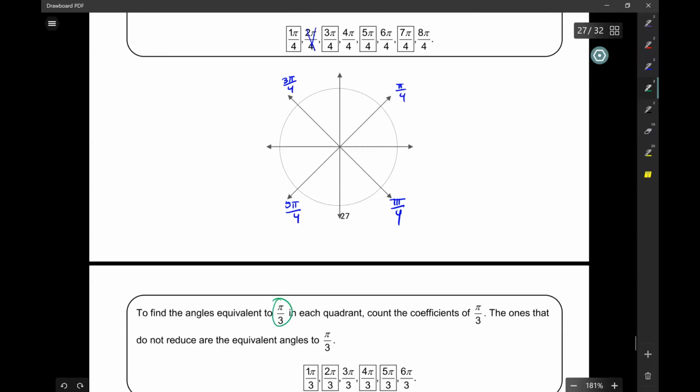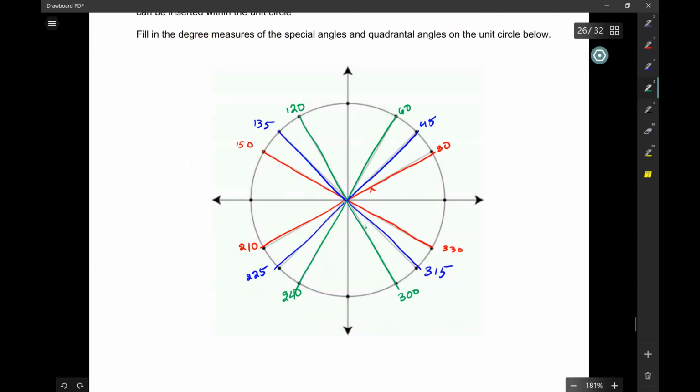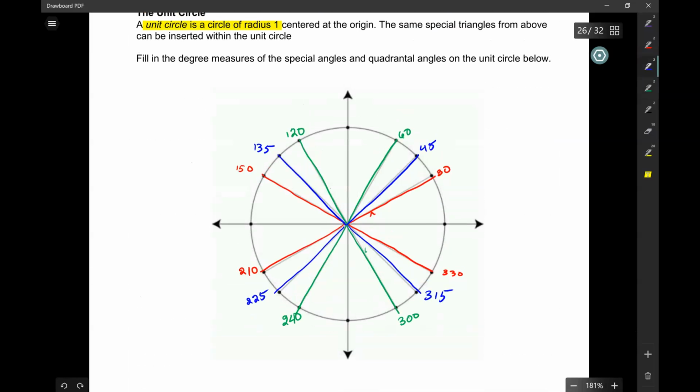Okay, so now, go back to this page on your notes, because I don't want you to see the other pages. Suppose I want you to place 5 pi over 6. Where is it?